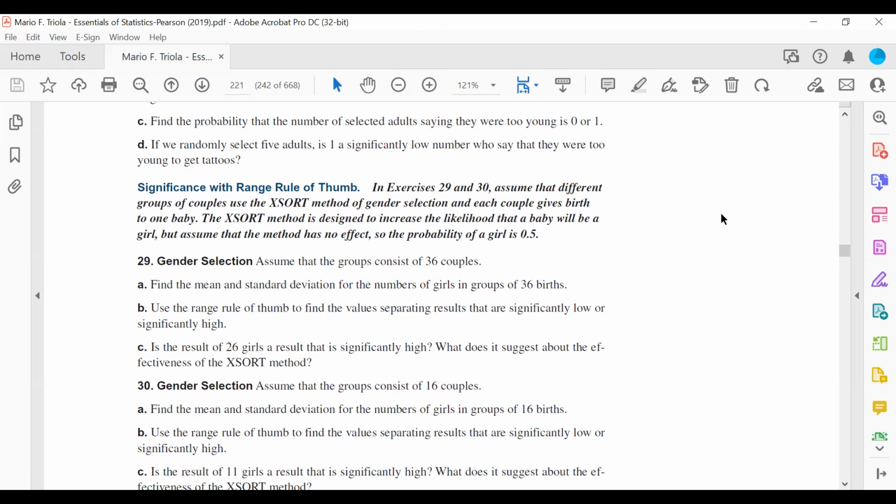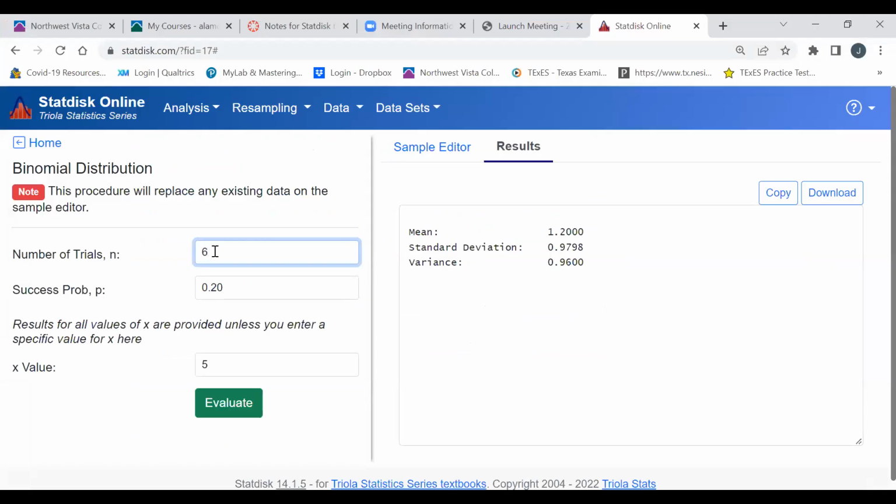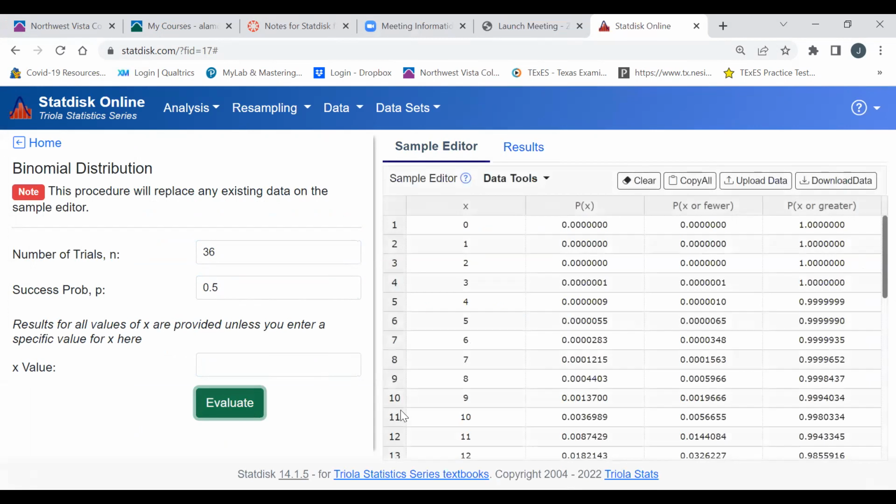All right, so let's plug in my N and my P in StatDisk and then click on results. My N is 36. My P is 0.5. I don't need to fill in this, I don't need that number. I'm going to evaluate and then click on results.